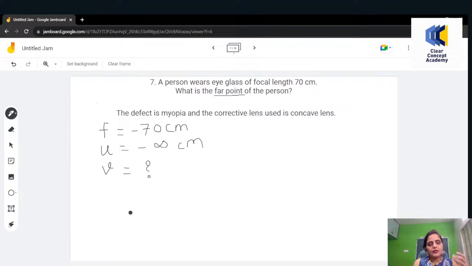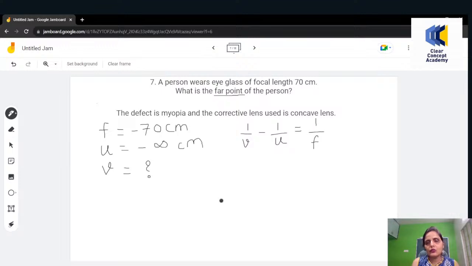Now, as you can see, once we write down the given information, there are three quantities involved here: focal length, object distance, image distance. So with respect to lens, these three quantities are involved. That means that we have to use the lens formula. So what is the lens formula? The lens formula is 1 by v minus 1 by u is equal to 1 by f.